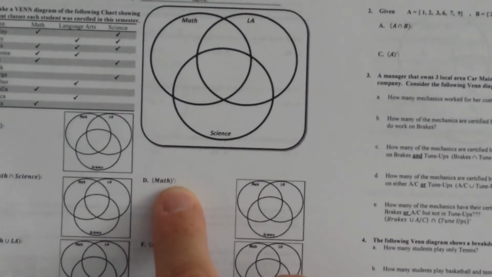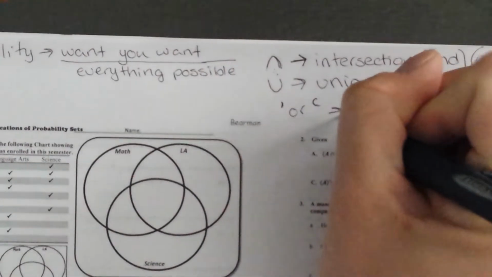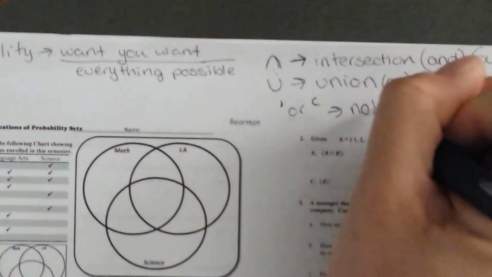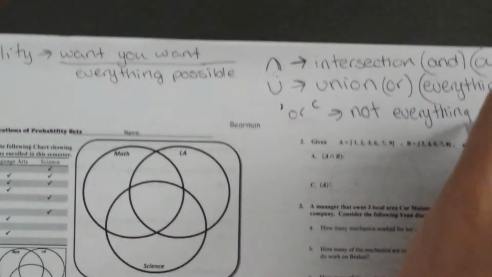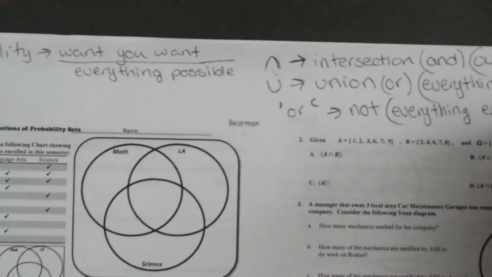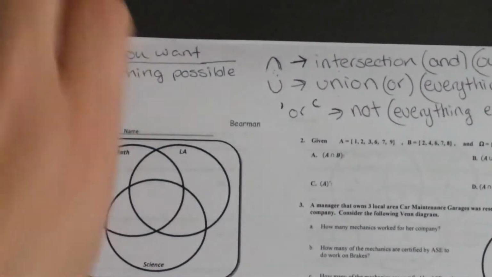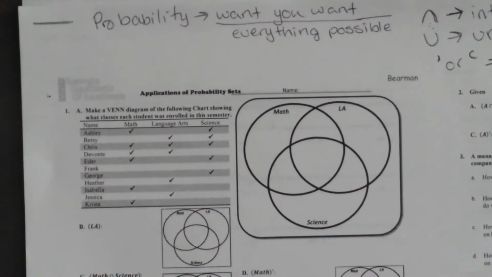That's an example of what I'm showing you right here. And this means not. So it's everything except whatever is in front of the apostrophe. And again, you can write out to the side, everything except.